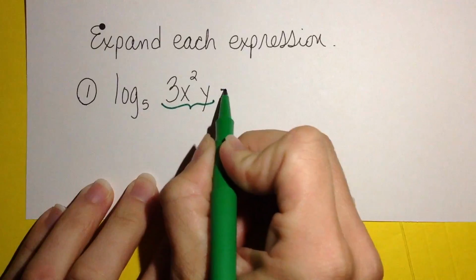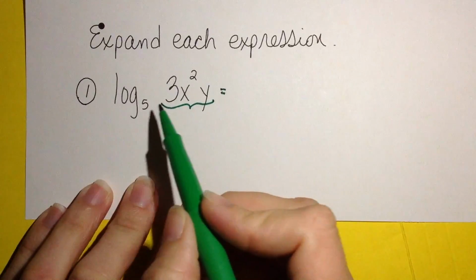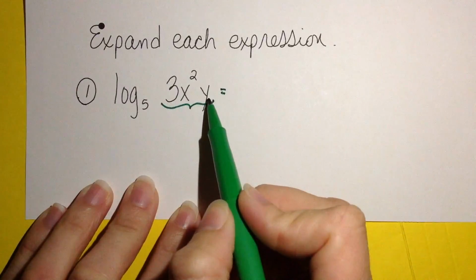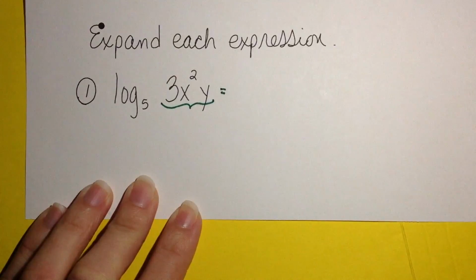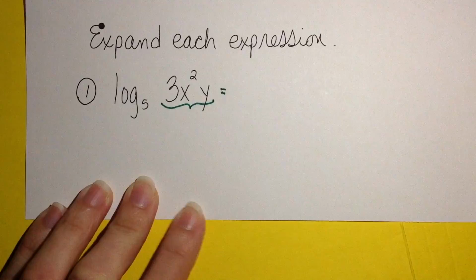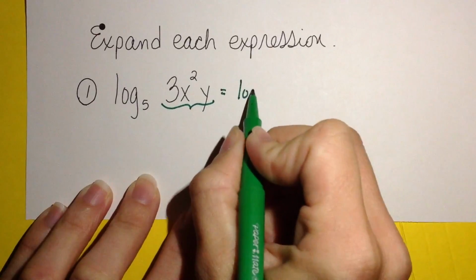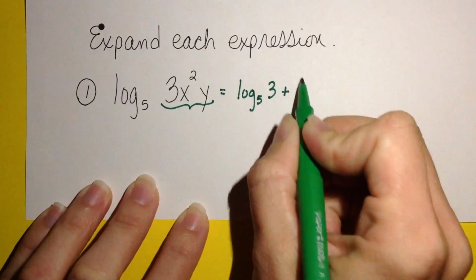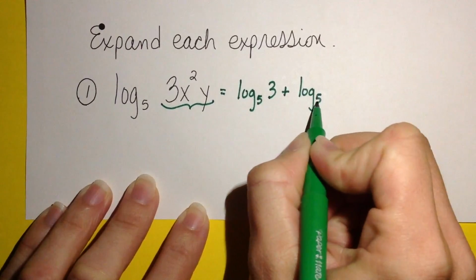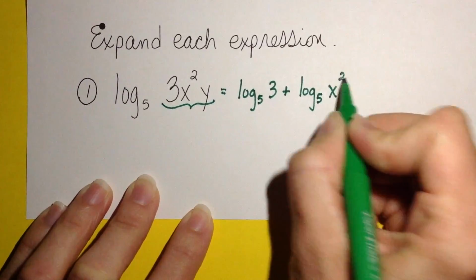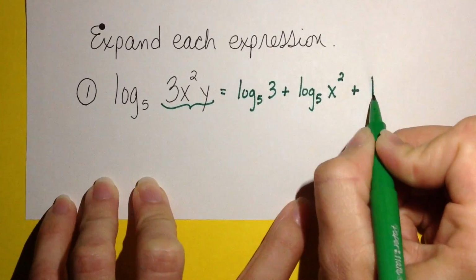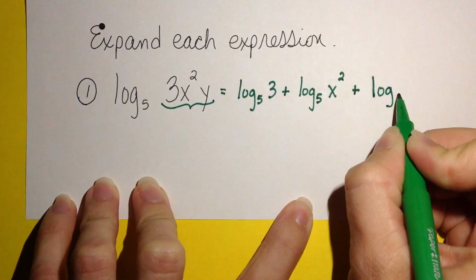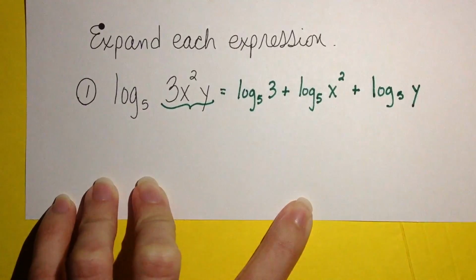Your first step is to take each one of these factors and give each its own log term, but you put addition in between each of those. So I would have log base 5 of the 3 plus log base 5 of the x squared plus log base 5 of the y.